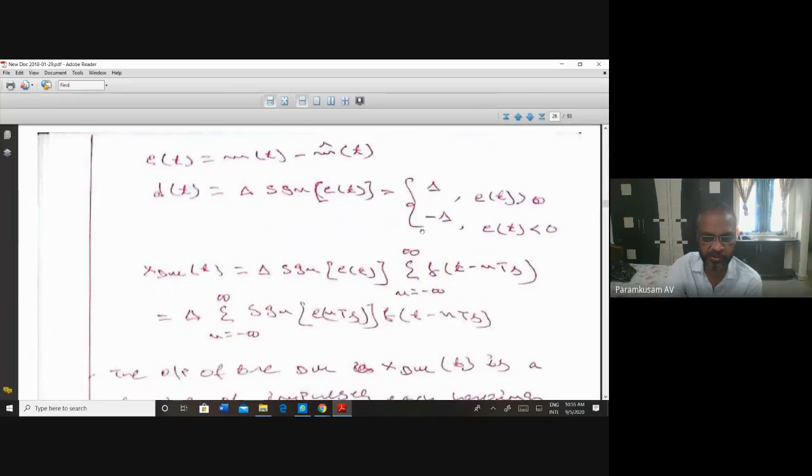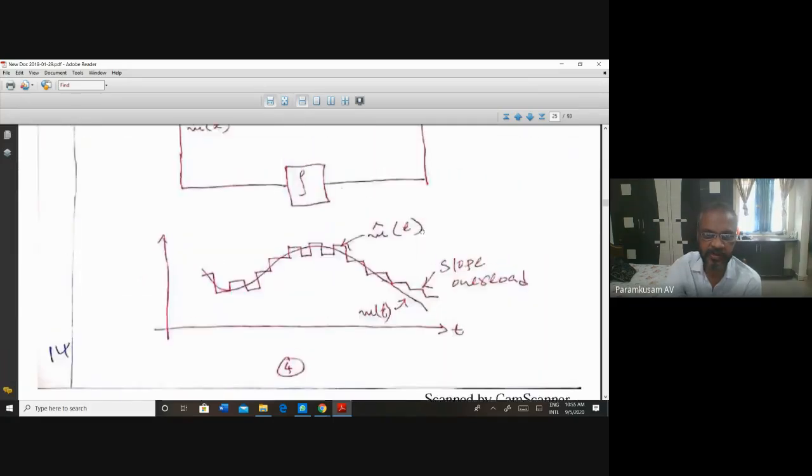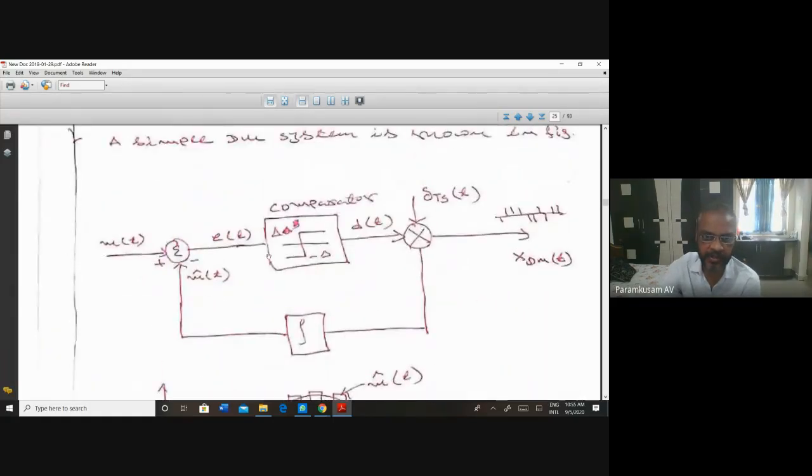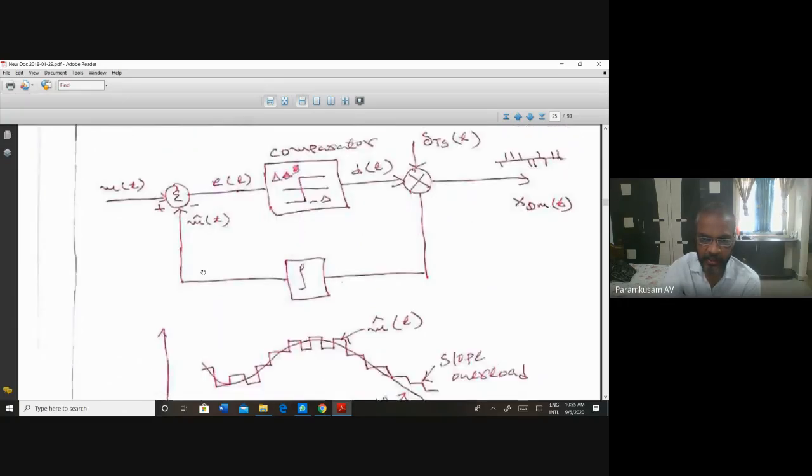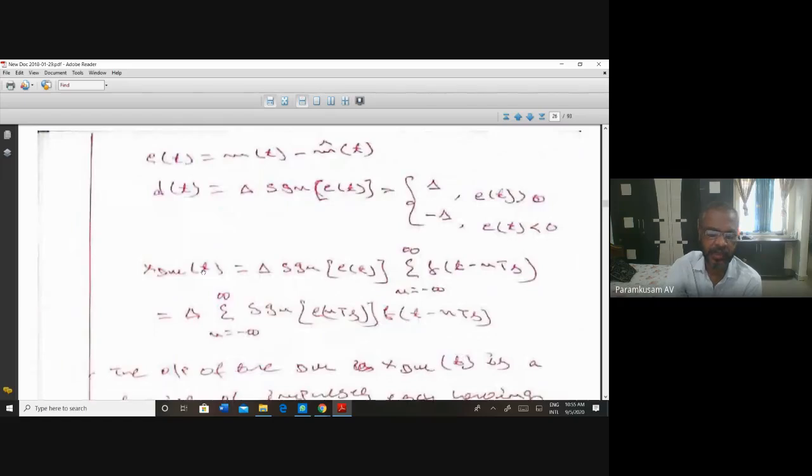We are supposed to write the expressions for E of t and D of t. E of t is equal to m of t minus m cap of t.